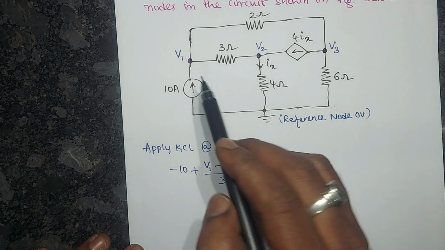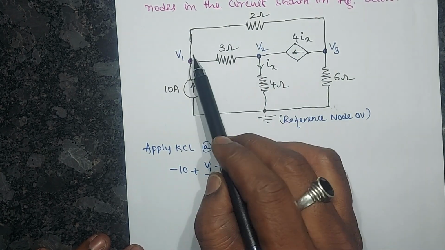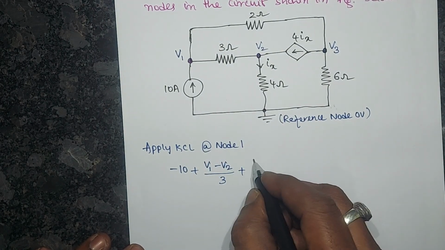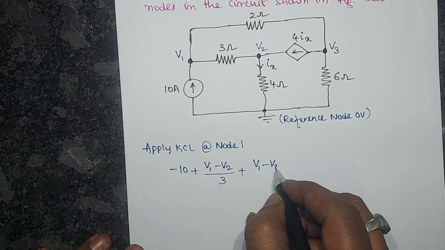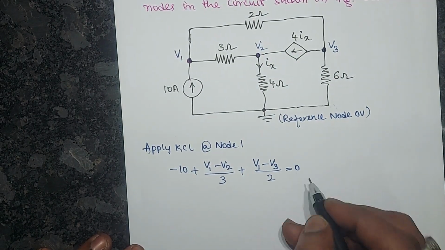Clear? Next, at this node a 2 ohm resistor is also connected between V1 and V3 potentials, so the potential difference is V1 minus V3 divided by 2, which is equal to 0.